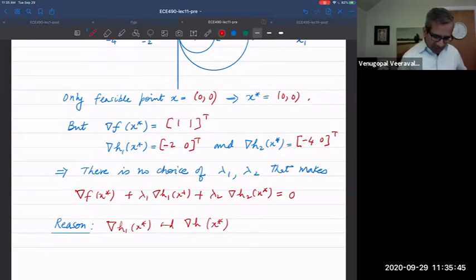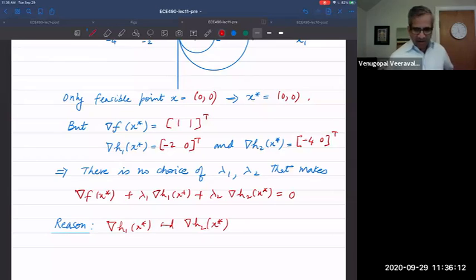Now, this is not to say that you have to have linear independence in order to find Lagrange multipliers. Probably in next Tuesday's lecture, we'll give examples of how you can find Lagrange multipliers even though the gradients are not independent. There are some examples where that can still happen.